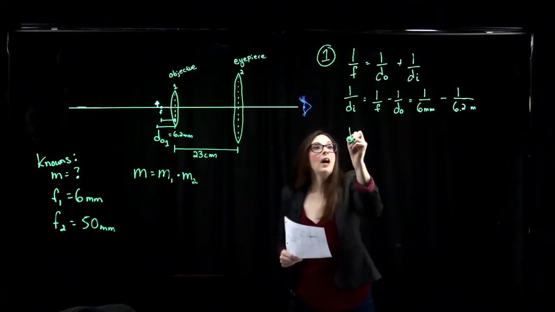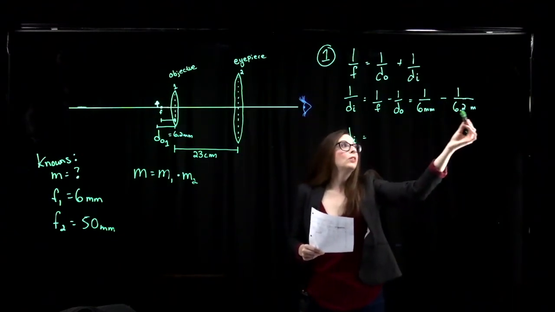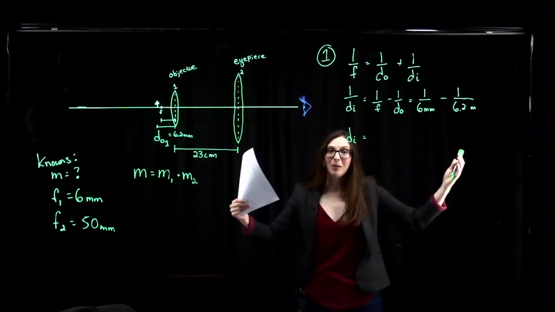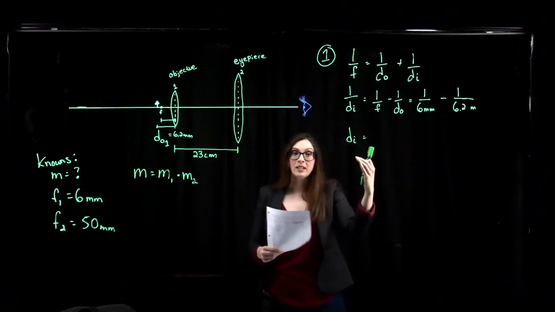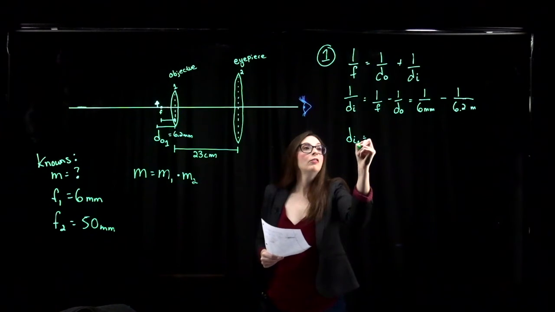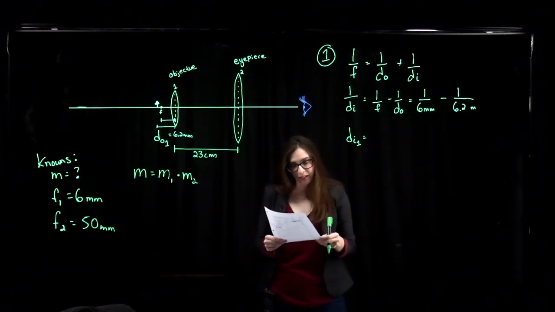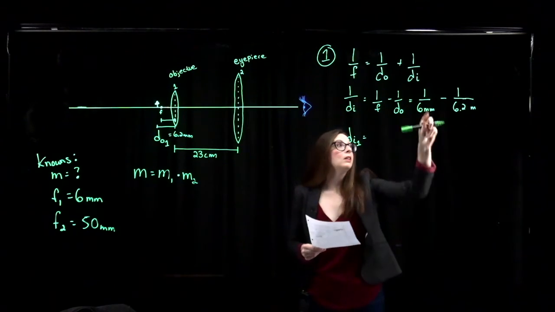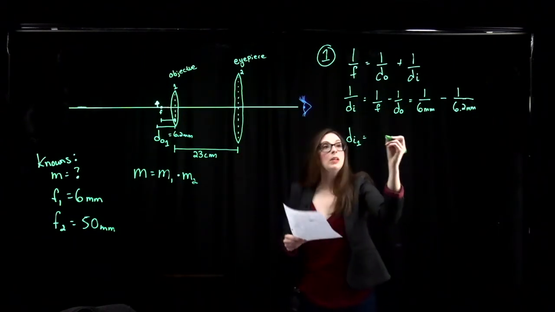So di is equal to 1 over 6 minus 1 over 6.2, and then you take the inverse of that to get di, the distance that our image is away from the first objective. I'll call that d sub i1. We're in units of millimeters, so my answer is going to be in millimeters.